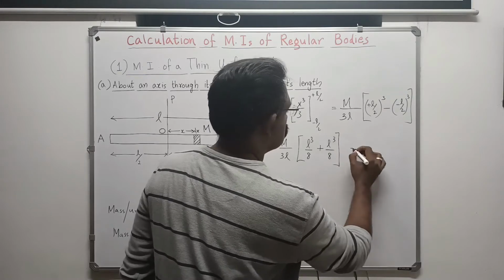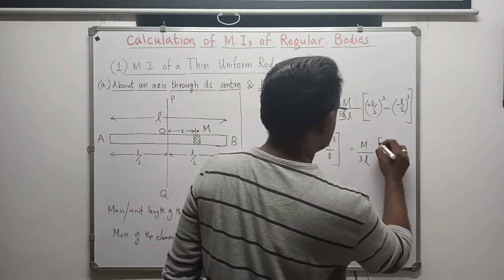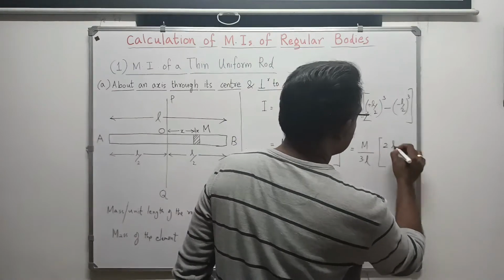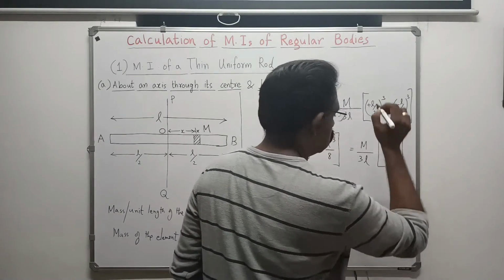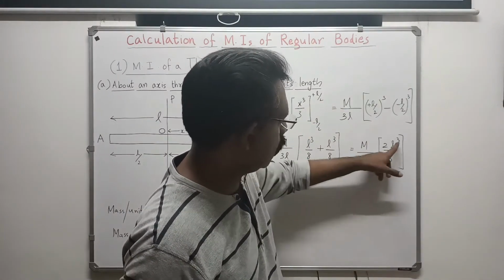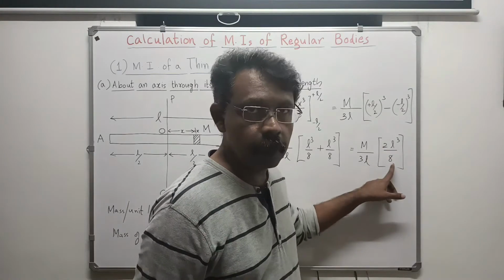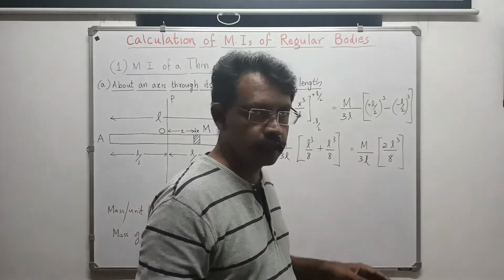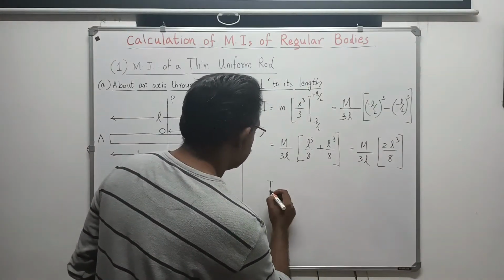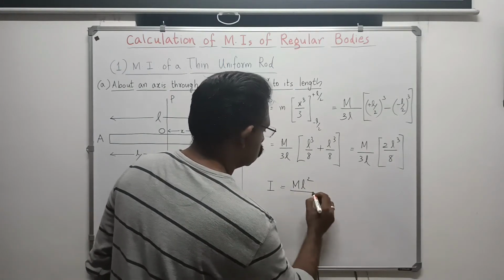This will be M by 3L into L cube by 8 plus L cube by 8, which is 2 L cube by 8. So this will be L cube here, so it will be L squared here, and 3 times 8 is 24. This 2 will cancel, and finally I will get 12 in the denominator. So finally I get I equals M L squared by 12.